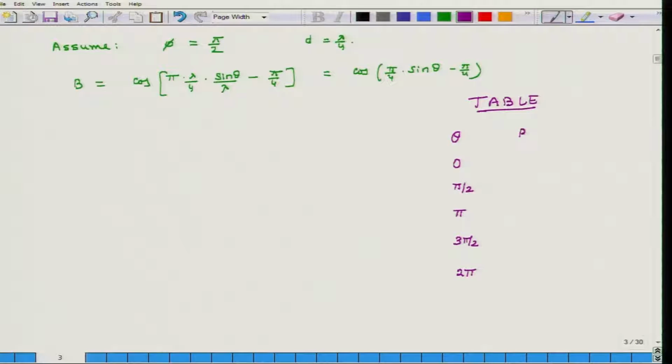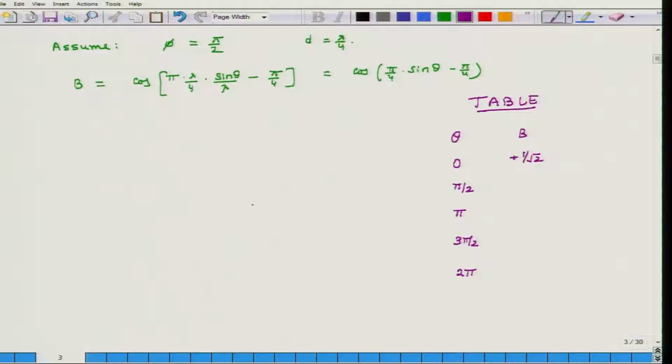Then what is the value of B? So, when theta is equal to 0, then it is cosine of pi over 4 minus pi over 4. So, that is 1 over square root of 2.